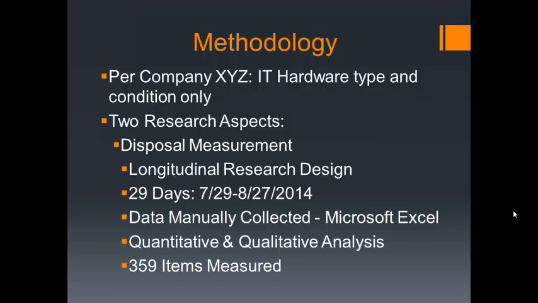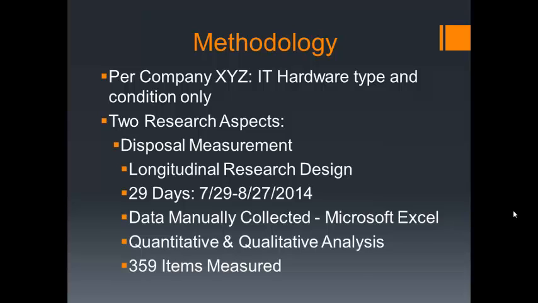Both quantitative and qualitative analysis were required. Based on the data that was collected, the quantitative analysis included functions like what the type of data was. However, qualitative analysis was especially useful when analyzing the condition of the IT hardware, because the condition can be subjective.